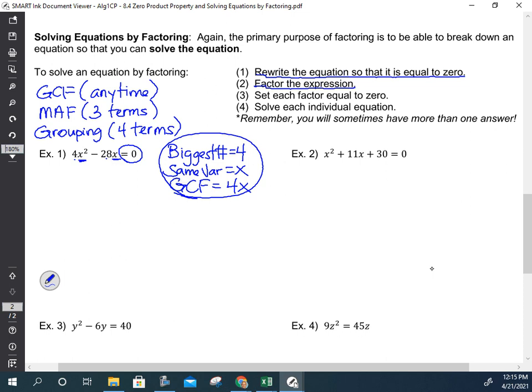You divide it. So instead of writing these 3 things out, if you know what you're doing, just show me that you're dividing out 4x. If you need to keep writing this out because you need it, then keep doing it. I'm never going to penalize you for doing more work. I'm going to penalize you if you don't show me enough.